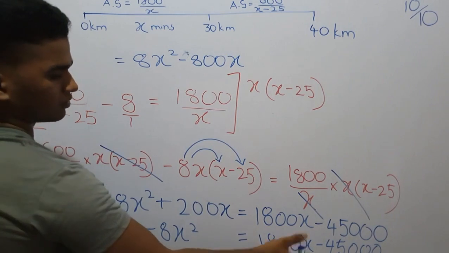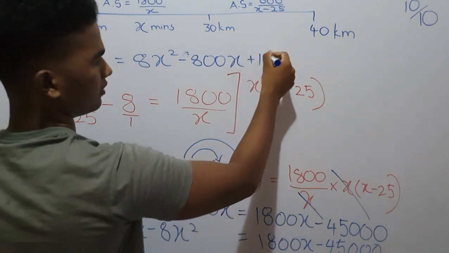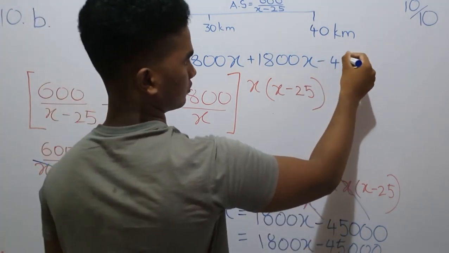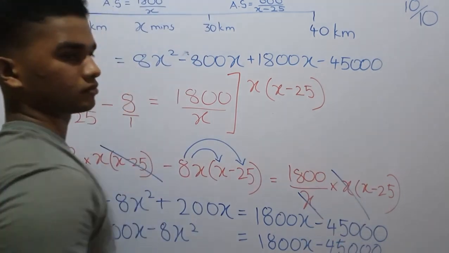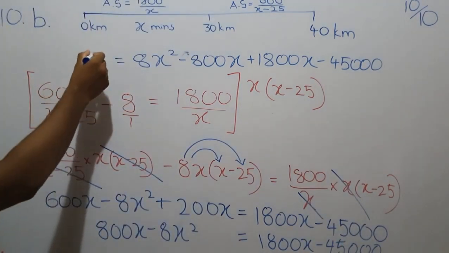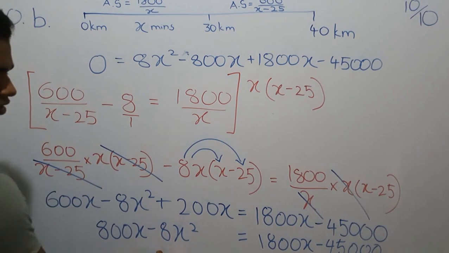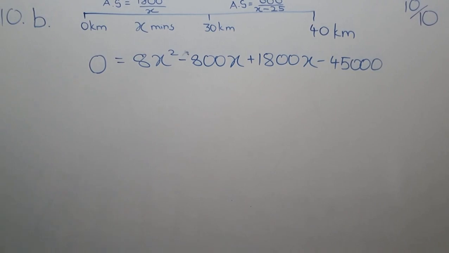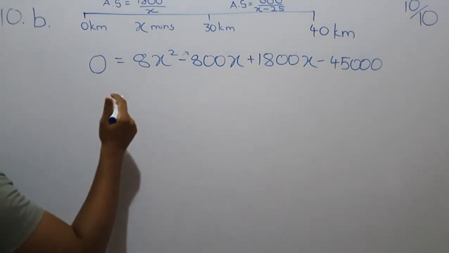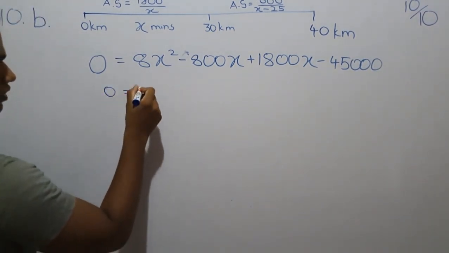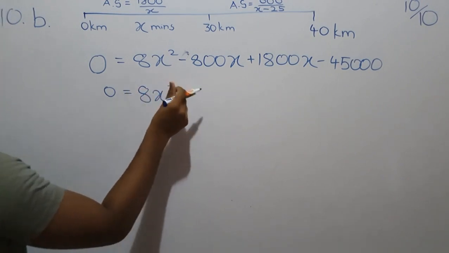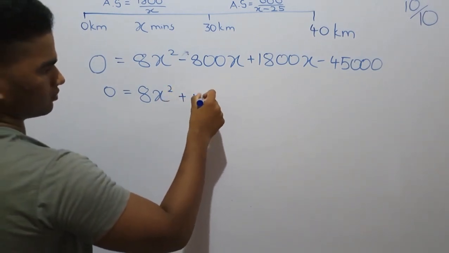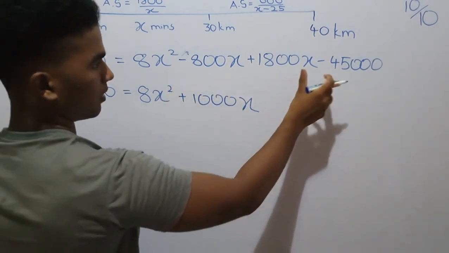So this is plus 1800x minus 45,000 equals 0. So I took all the terms to the right hand side. So you can simplify this: 0 equals 8x square minus 800x plus 1800x, which would be 1000x, minus 45,000.